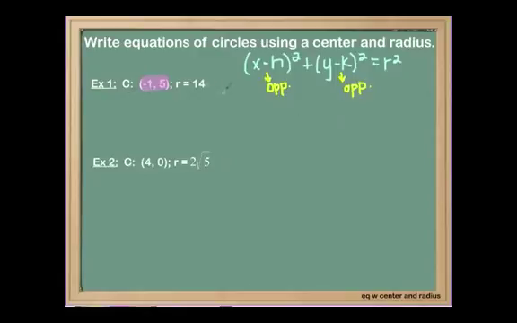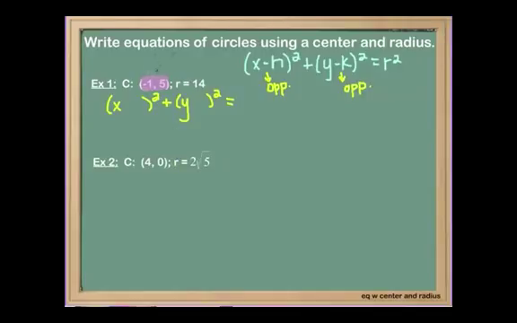What we know, every equation of a circle in standard form is going to have a parenthesis with an x. That whole quantity will be squared. Plus, the same goes for y. We're going to have a y plus or minus something and that quantity squared. It's our job to go ahead and fill in what goes where.